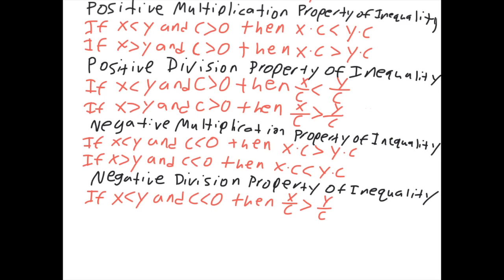So we divided both sides by a negative number, so again, we change the sign. And if x is greater than y and c is less than 0, then x divided by c is less than y divided by c.